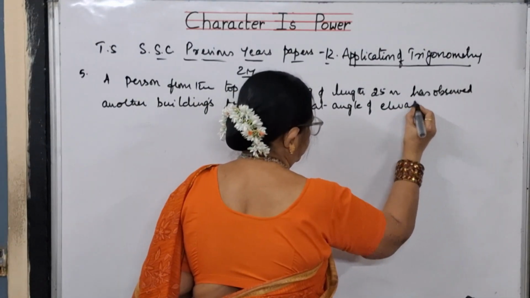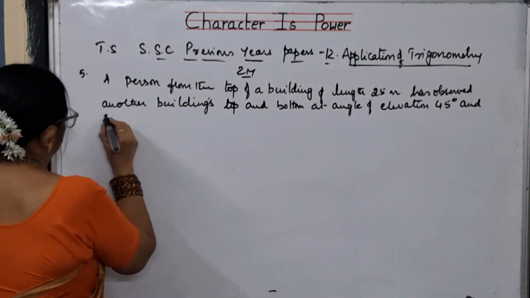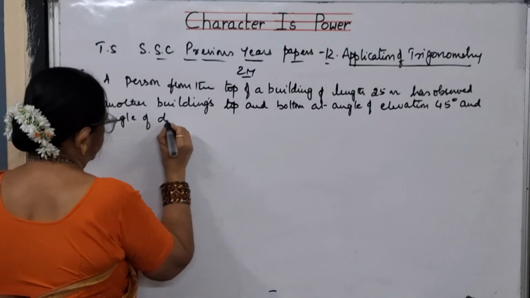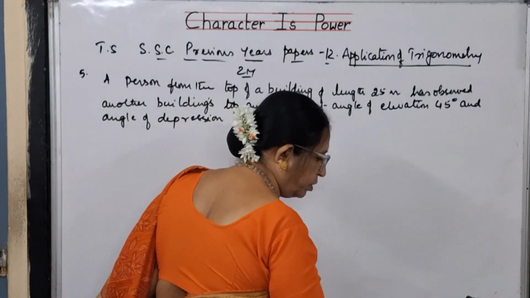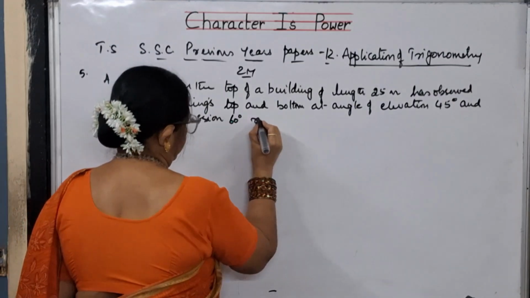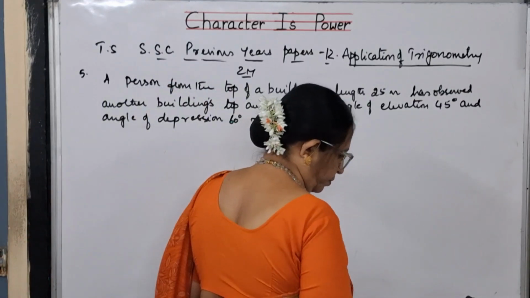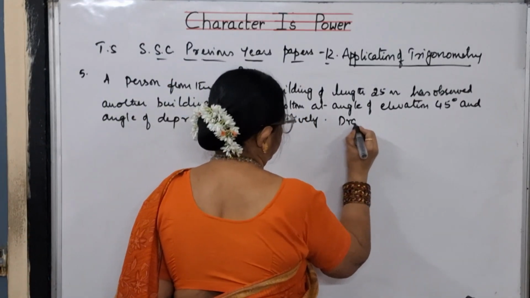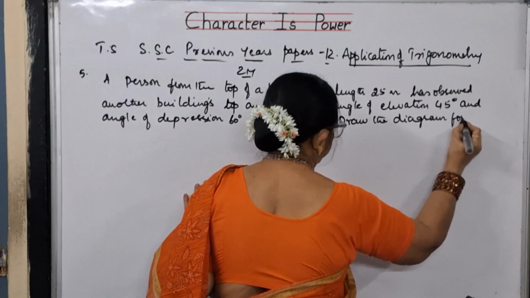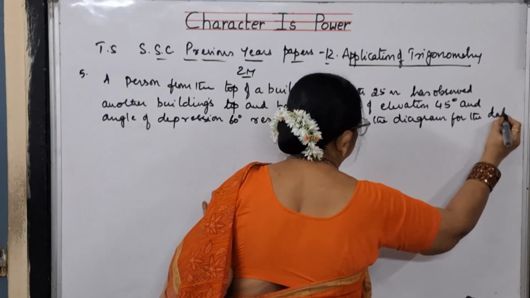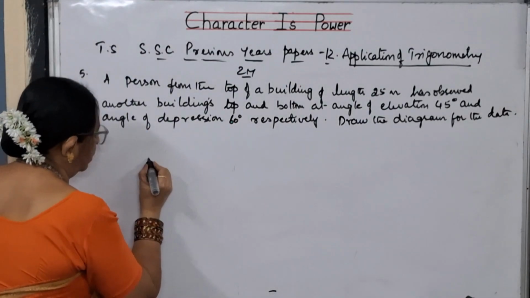Draw the diagram for the data. A person from the top of a building of 25 meters.